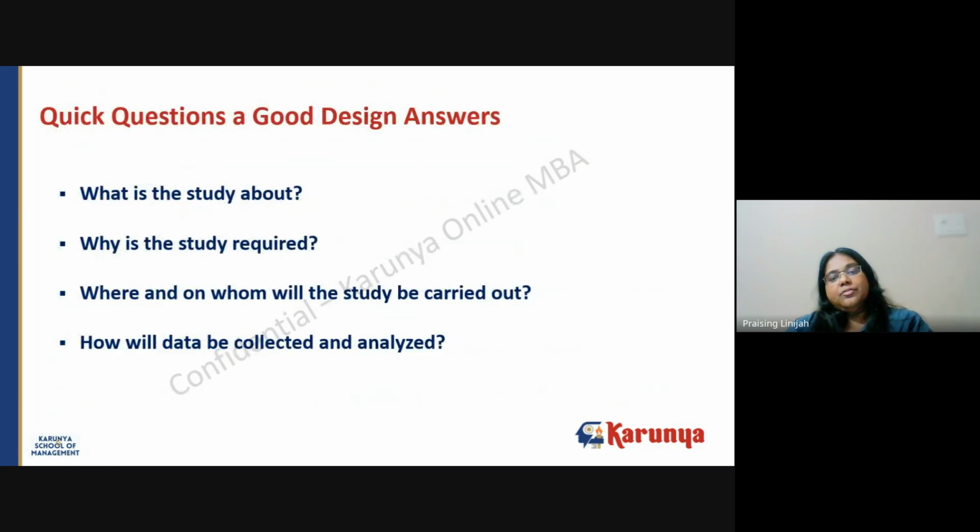Quick questions to raise when you work on good designs: what is the study about, why is the study required, where and on whom will the study be carried out, and how will data be collected and analyzed? Try to answer these questions. For example, in the example we were discussing, what is the study all about?